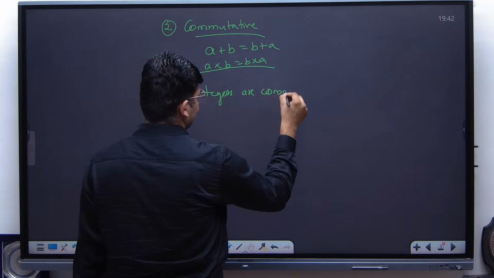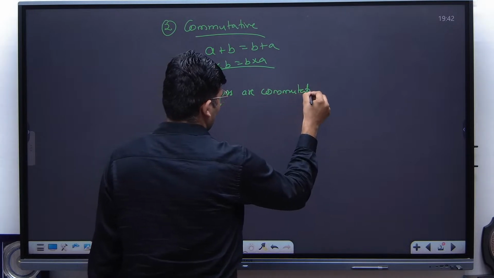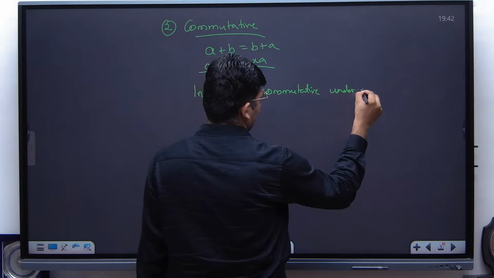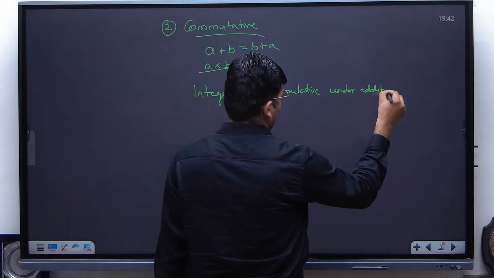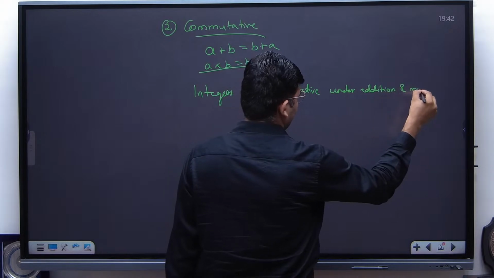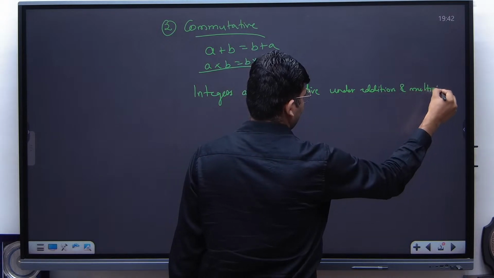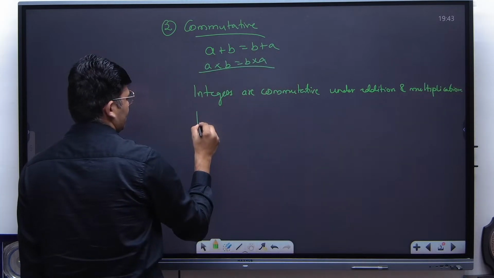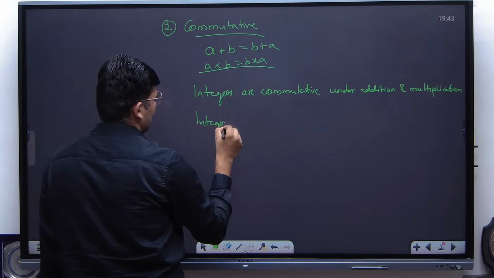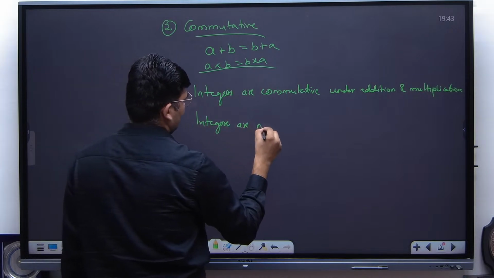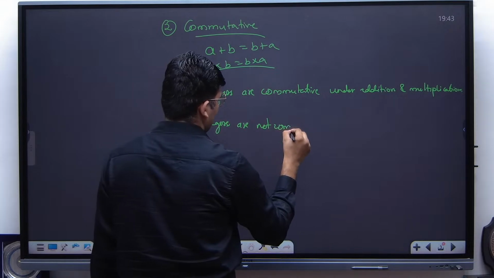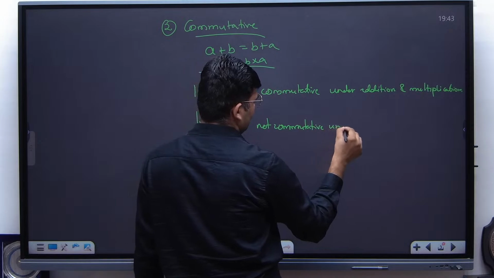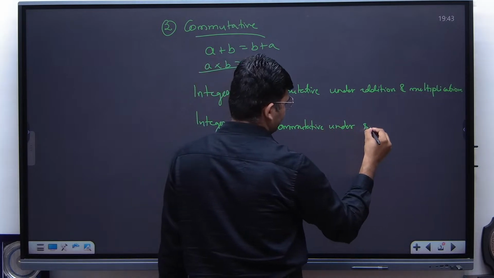So we will say integers are commutative under addition and multiplication. Also we will say integers are not commutative under subtraction.